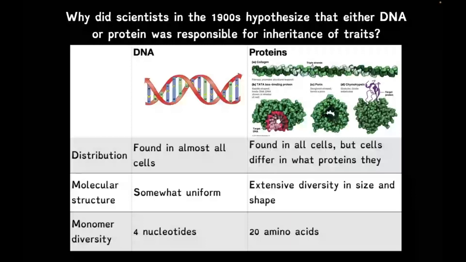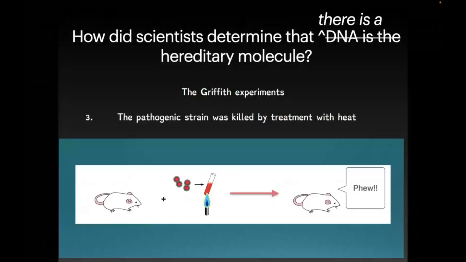So in other words, it could be administered to a mouse and the mouse would not get sick. And so then scientists knew that they could kill bacterial cells with heat. And so they found that if they took the pathogenic strain and exposed it to heat, then administered it to mice, the mice did not get sick and they survived.